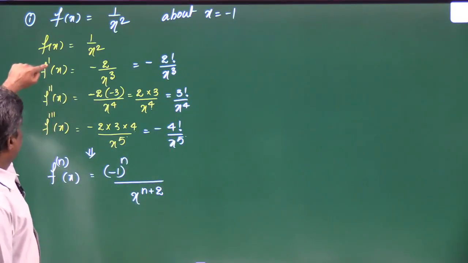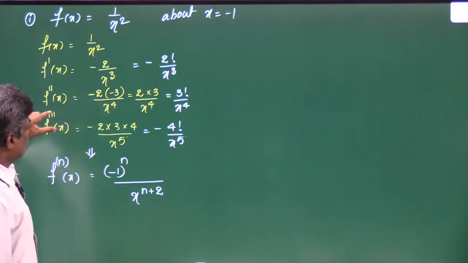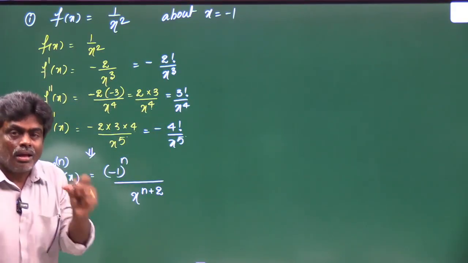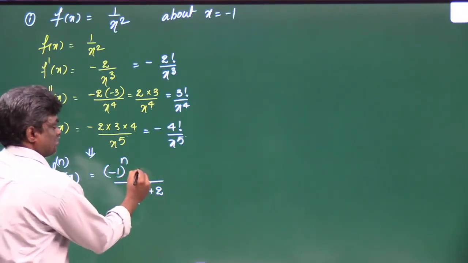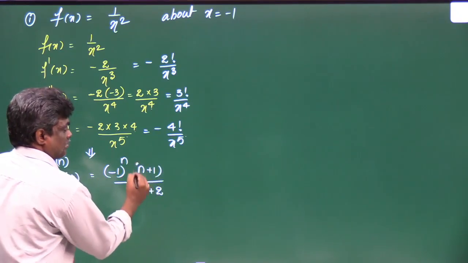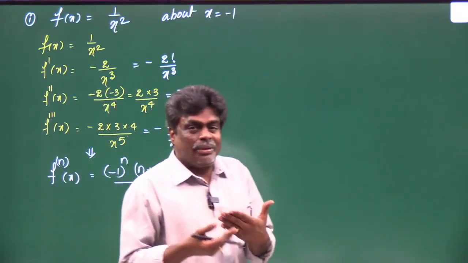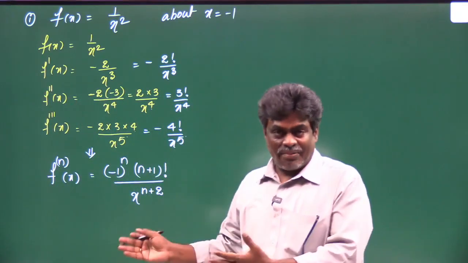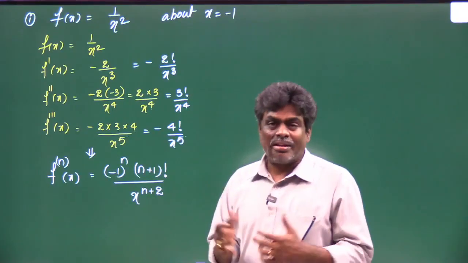So first derivative 2 factorial, second derivative 3 factorial, third derivative 4 factorial, nth derivative n plus 1 factorial. So the nth derivative of f is given by minus 1 whole power n into n plus 1 factorial by x power n plus 2.